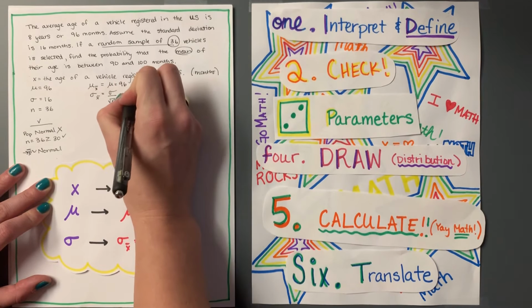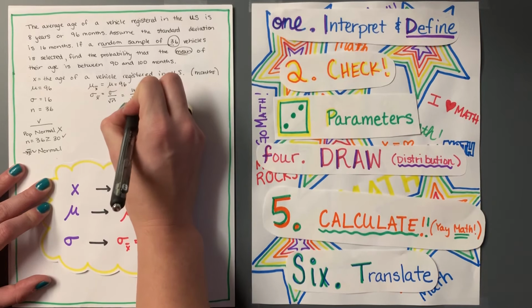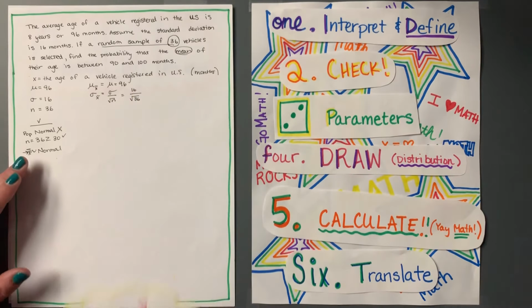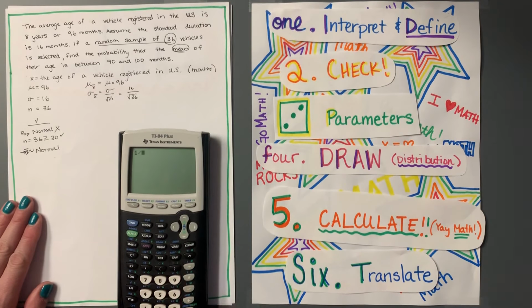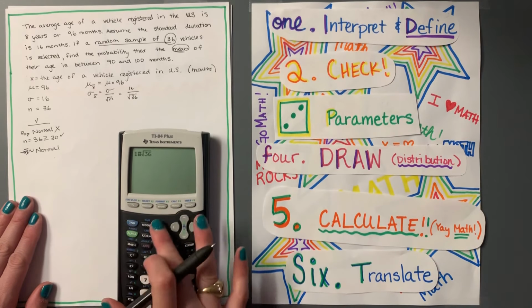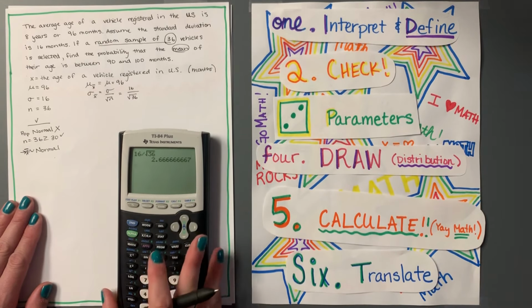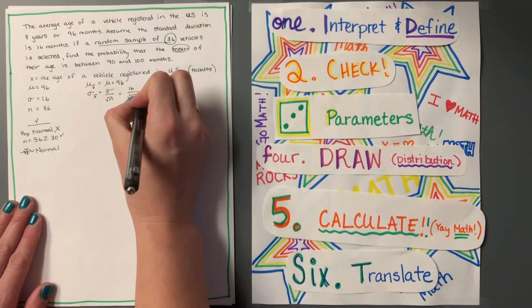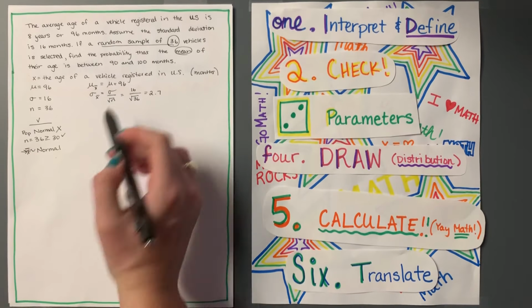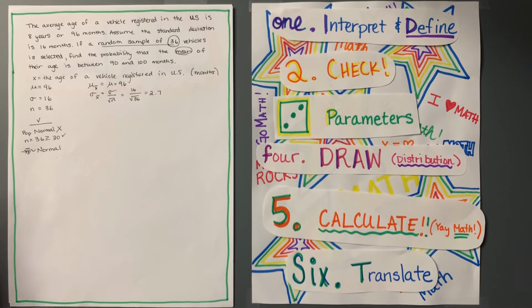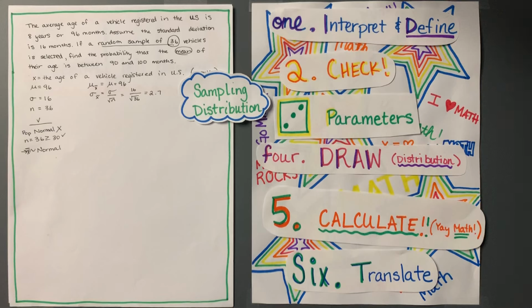So that is 16 divided by the square root of 36. I'll pull out my calculator, and I get 2.7 for my standard deviation. So I have my sample size, my mean, and my standard deviation for my central limit theorem sampling distribution.